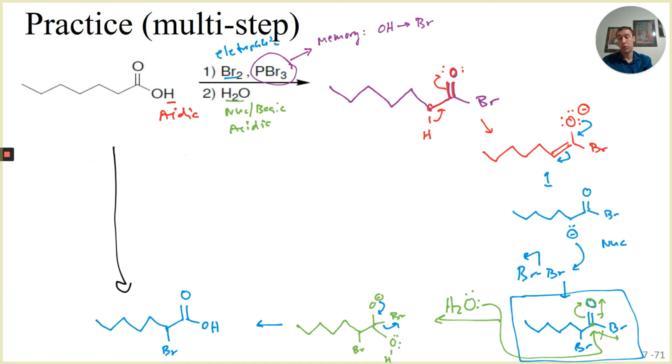Okay? This becomes one of the tricky functional differences between a carboxylic acid and an acyl halide. The alpha position on the carboxylic acid is not particularly acidic because, well, there's a more acidic hydrogen. When we look at the acyl halide, that alpha hydrogen becomes actually more acidic because that bromine withdraws electrons.